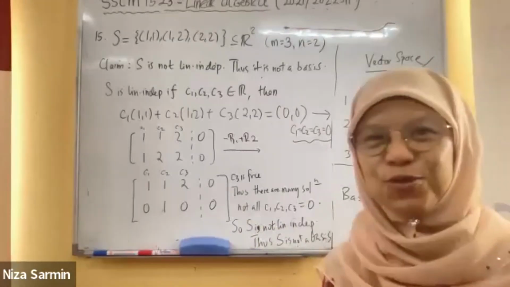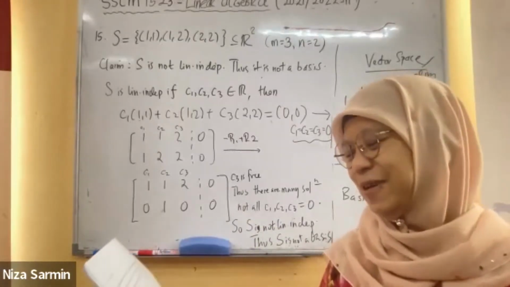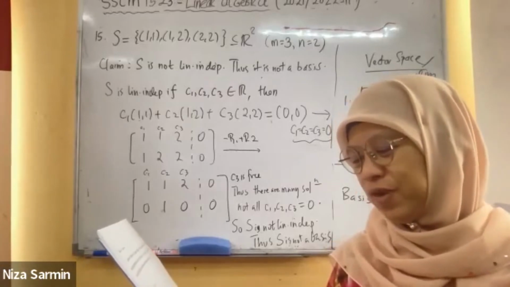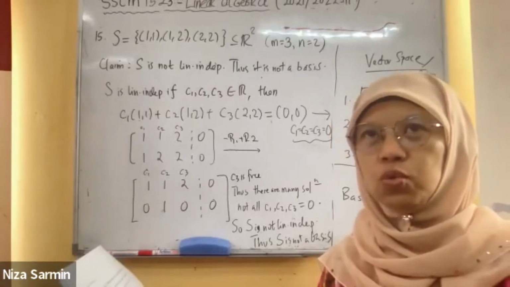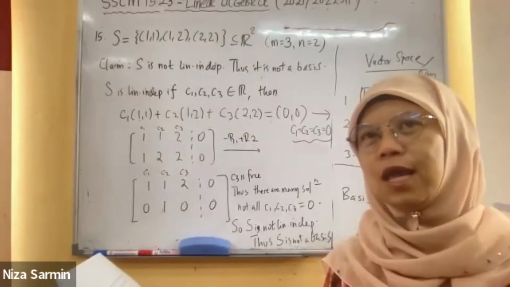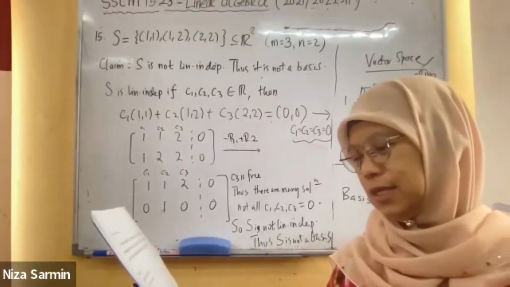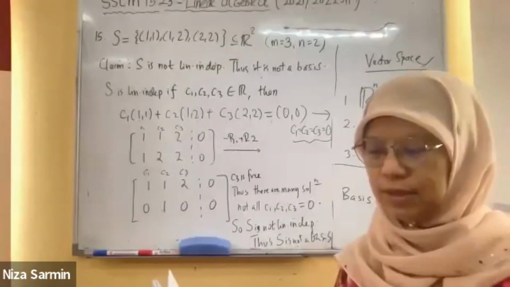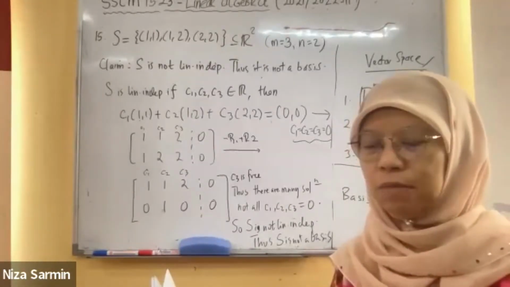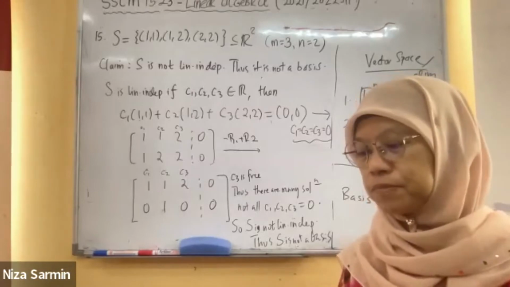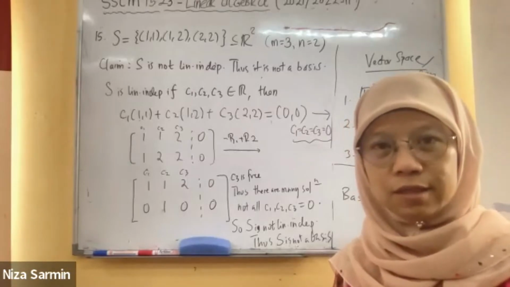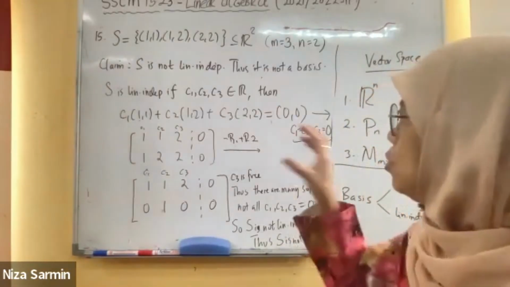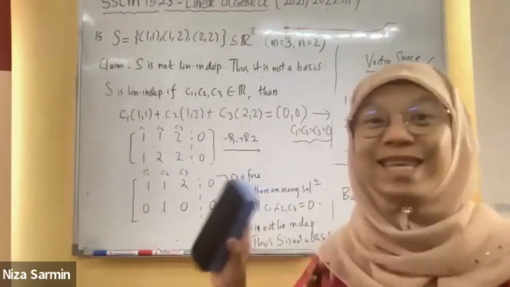You can create your own question. For P2, maybe you find P2 or P1 that has 3 vectors. Okay, I'll skip those. Maybe it is there in the exercise, but I will go to the last part, which is when it is equal.